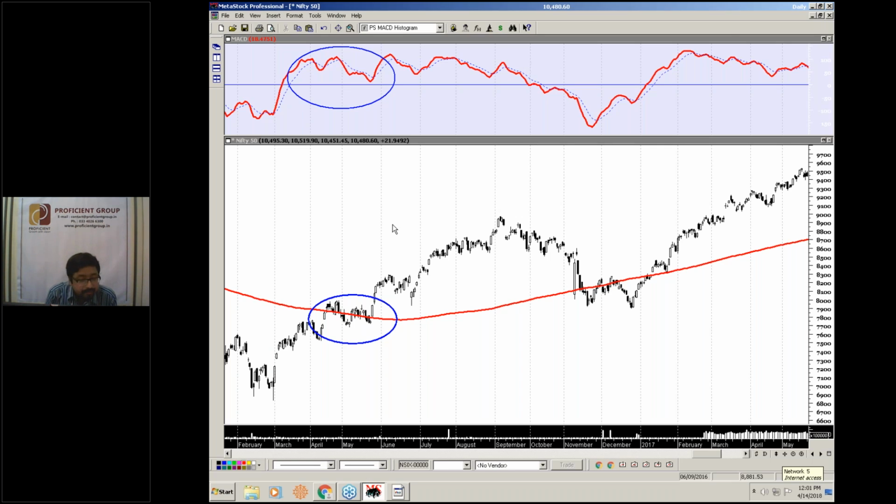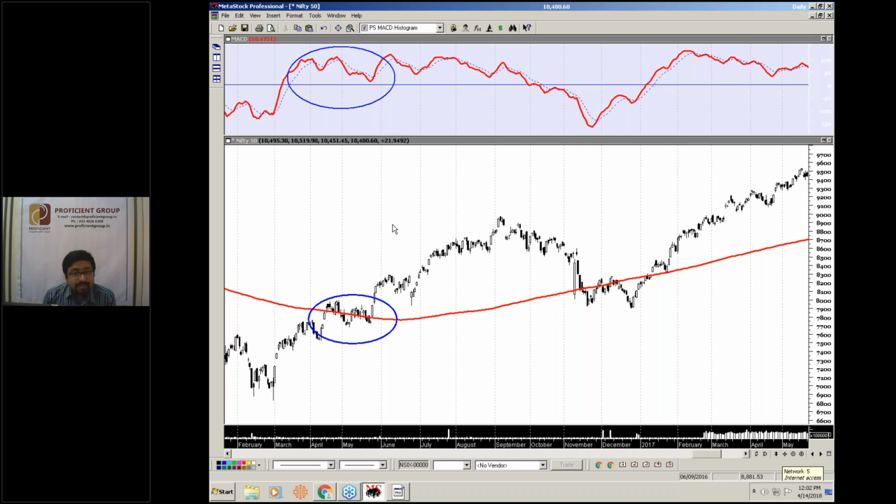And this uptrend will remain valid until both the indicators reverse, that is, the prices come below the 200-day moving average and MACD crosses below the zero line. Unless this condition happens, the trend remains upward, right? So the conditions are fairly simple. I am telling it again. If both the conditions are satisfied, only then it is an uptrend. And if both the conditions are satisfied on the opposite side, only then it becomes a downtrend.